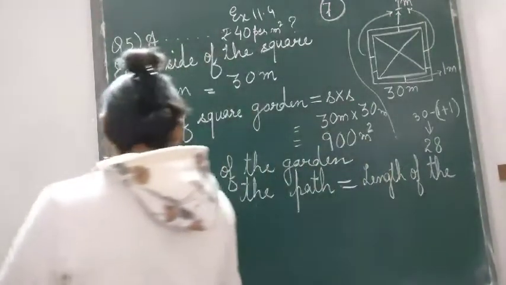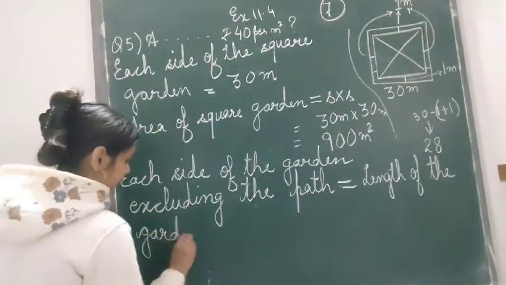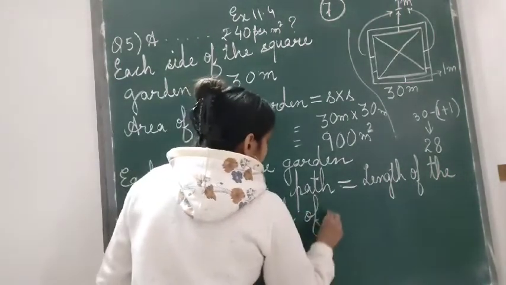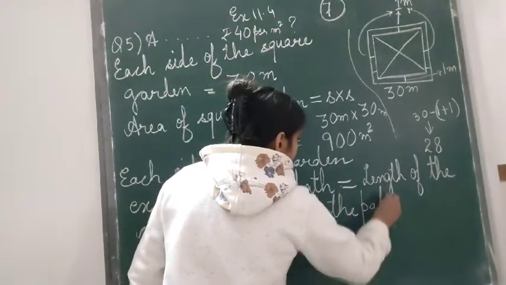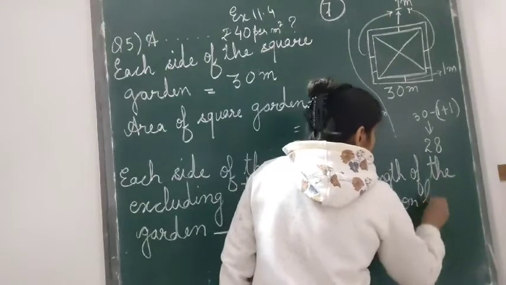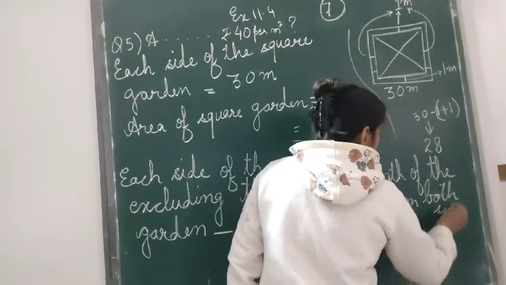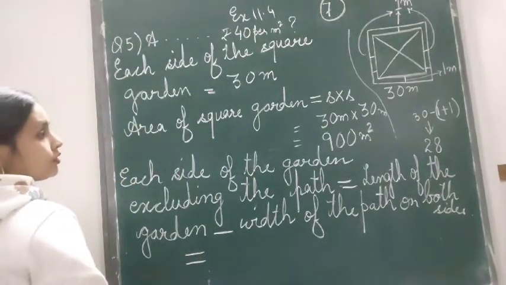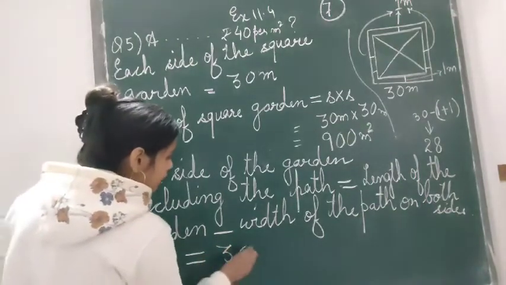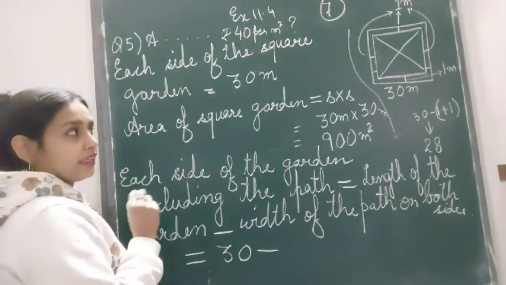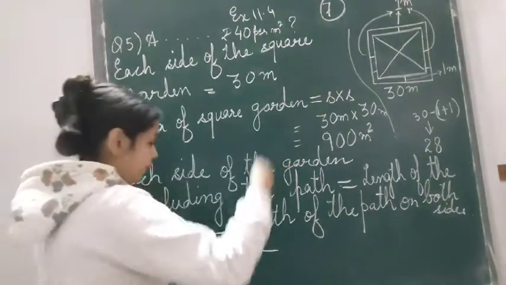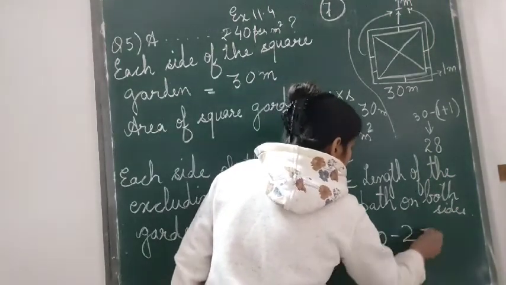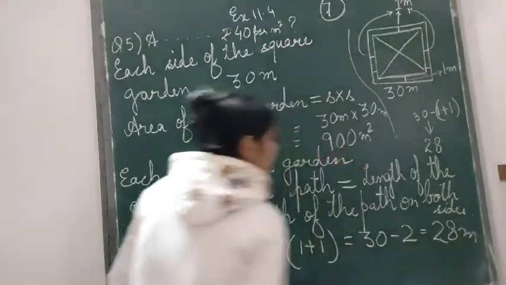So here you can write that, children. Length of the garden minus width of the path on both sides, which is equal to: length of the garden is how much? 30 meters minus width of the path on both sides, that is 1 meter from here and 1 meter from there, that is 1 plus 1, which is equal to 30 minus 2, which is equal to 28 meters.